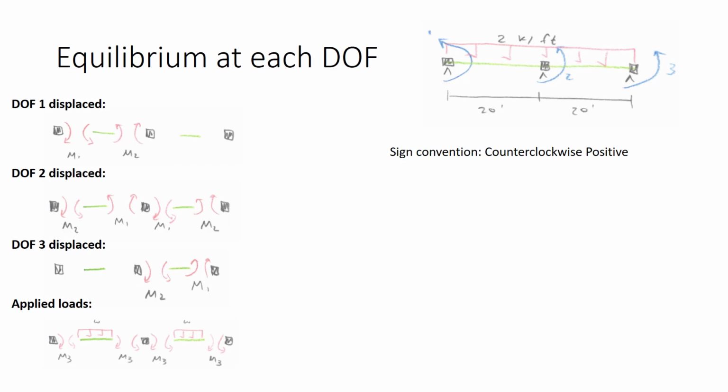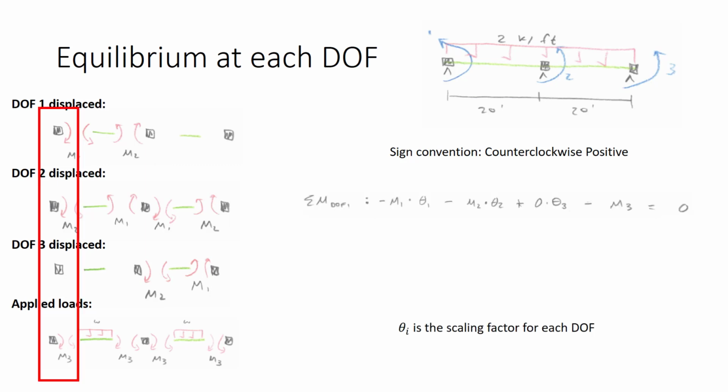Let's do equilibrium calculations. Taking the normal sign convention that we take, counterclockwise positive, let's look at these degree of freedom by degree of freedom. Let's look at the forces at degree of freedom 1 in all of these different cases. If I sum at degree of freedom 1, I have M1 with the negative sign because it's acting clockwise times a scaling factor.